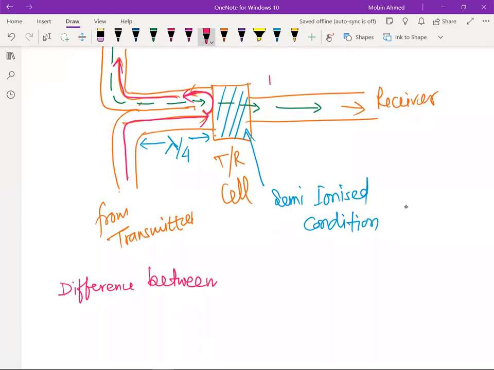This is a waveguide. This is known as a waveguide. The wave is traveling through this. It may be a coaxial cable also, or it can be made of coaxial cable, but generally these TR cells and all that are there, this is known as a waveguide. So this lining I have put is a waveguide.